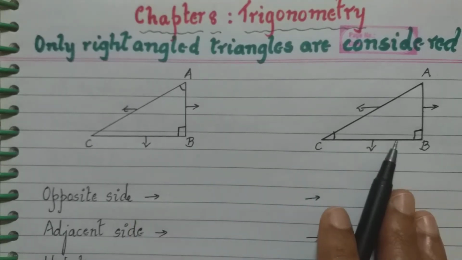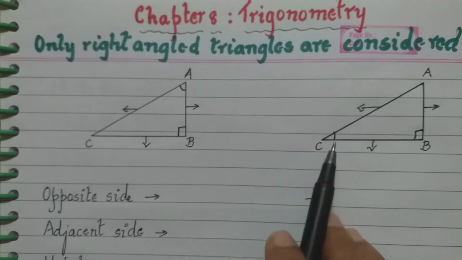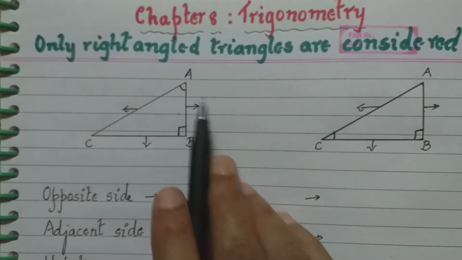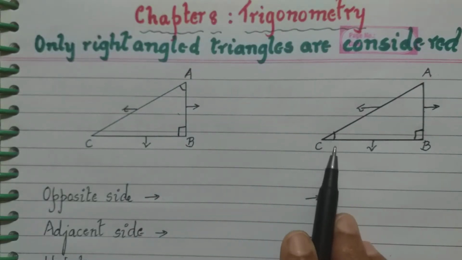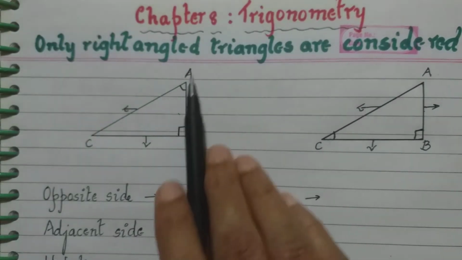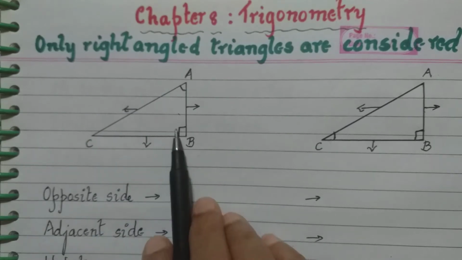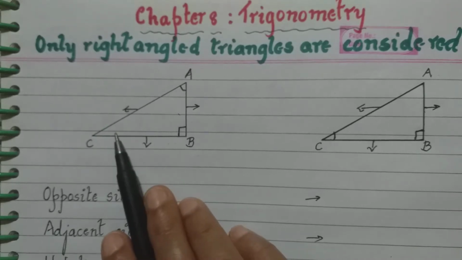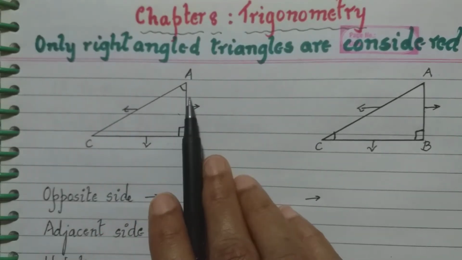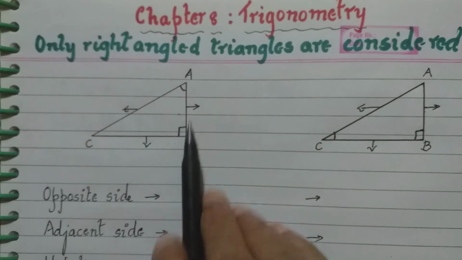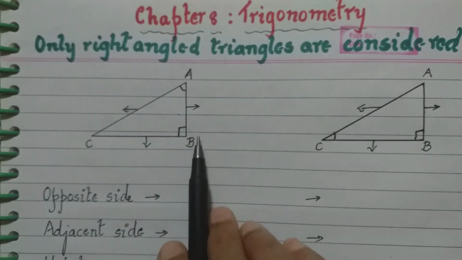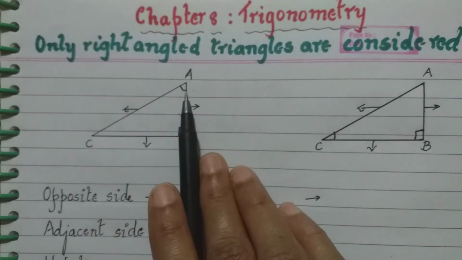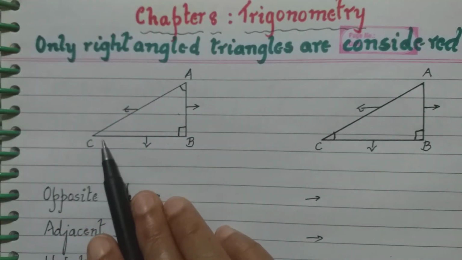Now the only difference you will see here is that in this figure I have marked angle A and in this figure I have marked angle C. In a right angled triangle, when one angle is a right angle, the other two are acute angles. So in this triangle, angle B is a right angle, and angle A and angle C are acute angles.